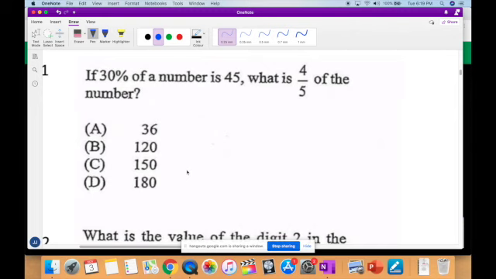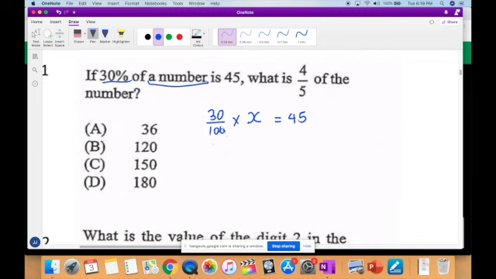Just because it's a number theory question doesn't mean I can't use algebra, because 30% of a number is 45.